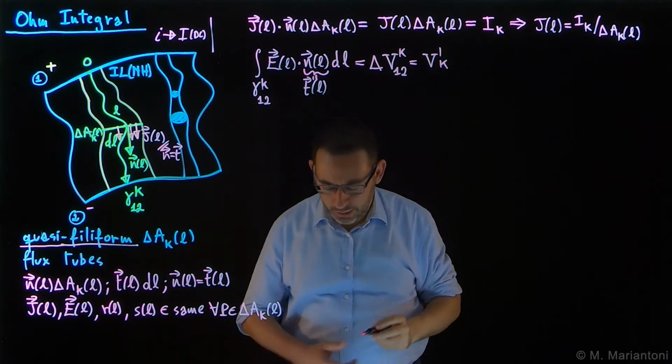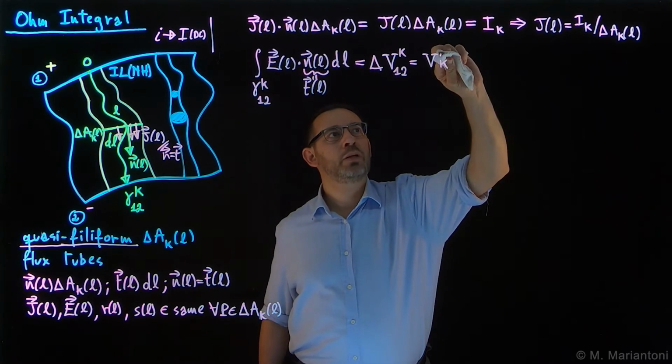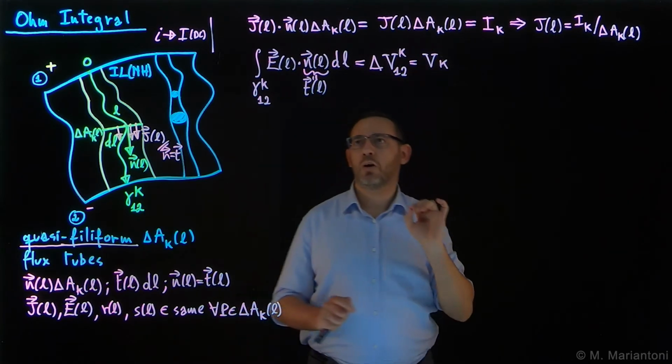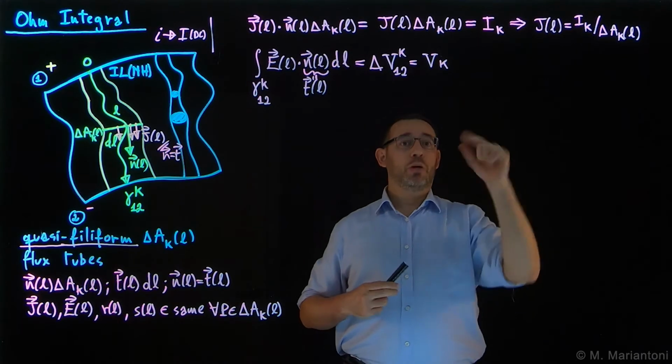Actually, let's put k as a subscript. Obviously, that's what I meant. Good, all right, for simplicity of notation. So now that we have the potential difference, we can use Ohm's law.